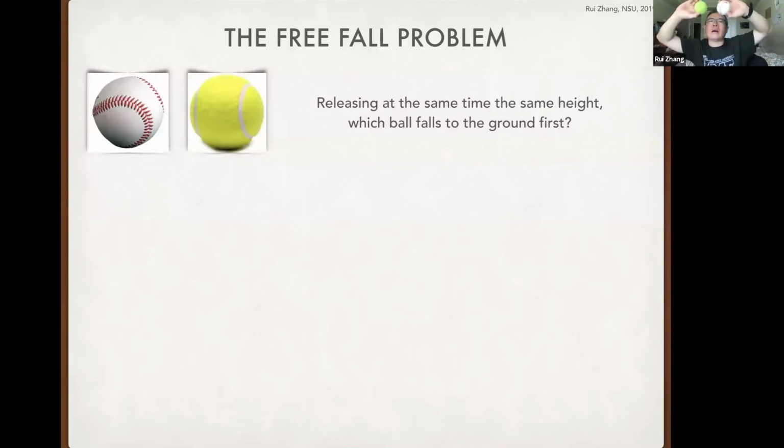Let's say, as we know, the baseball is heavier than the tennis ball. They have a similar size, but the baseball is way heavier than the tennis ball. The question is, if you release them at the same time from the same height, which ball falls to the ground first? Now in my case, I have this table here.